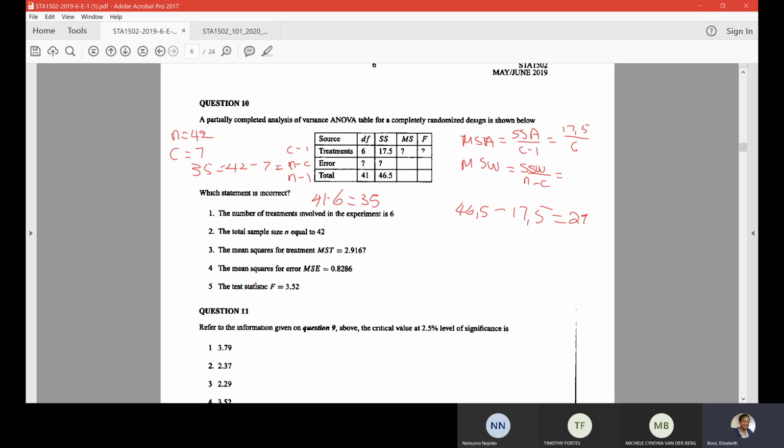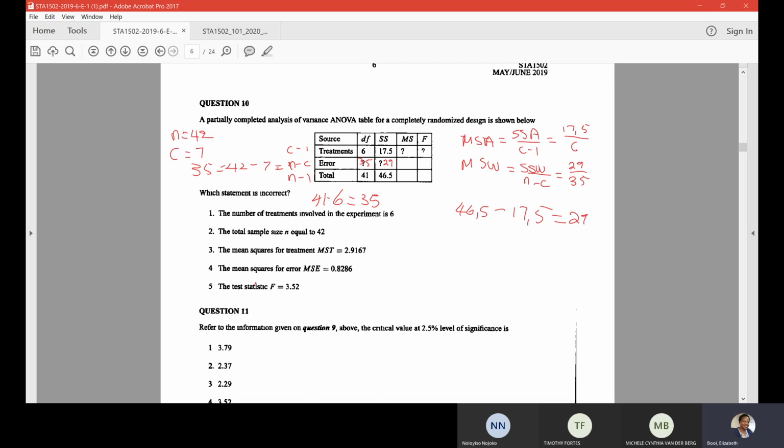So this is 29 divided by our N minus C, which we calculated as 35. And you can complete these questions.